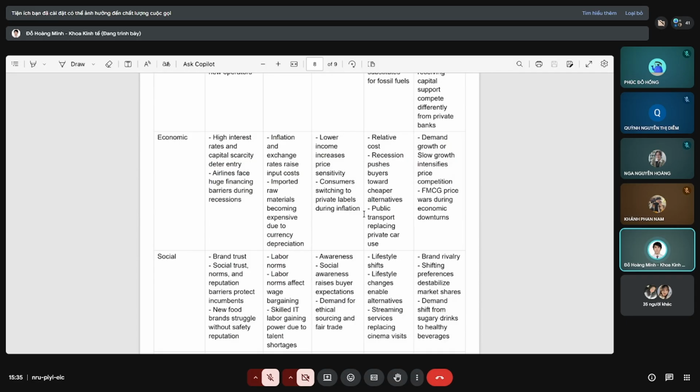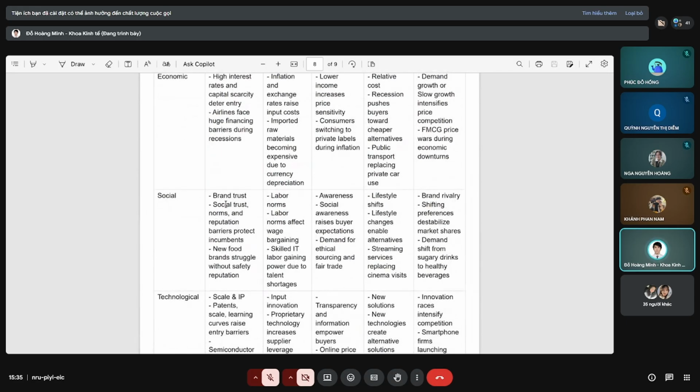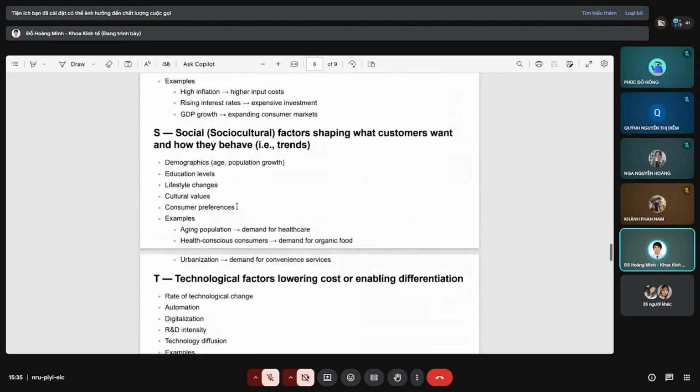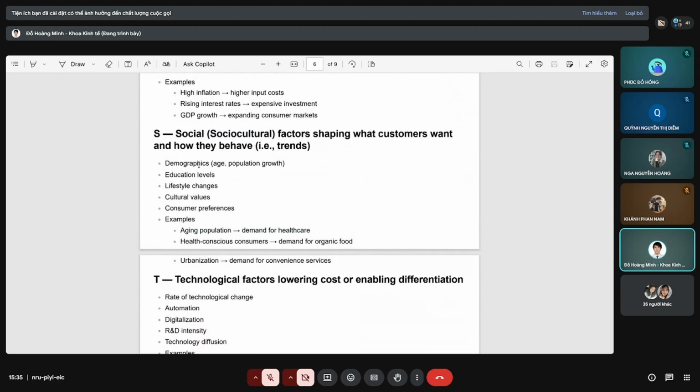Okay, so we move to the social factors. The social factors are related to the demographic factors, for example, age and population growth. And as you know, in different stages of life, the customers have different problems, right?